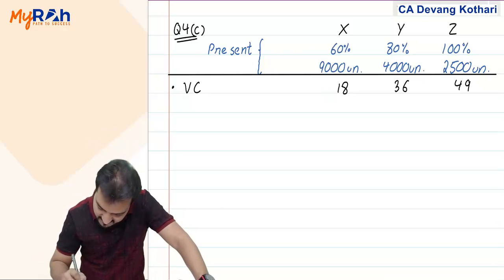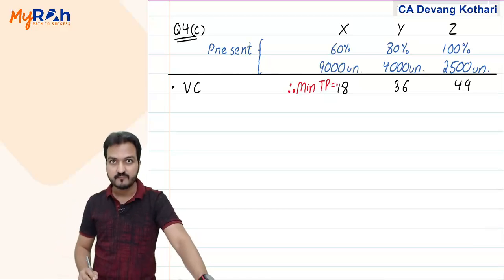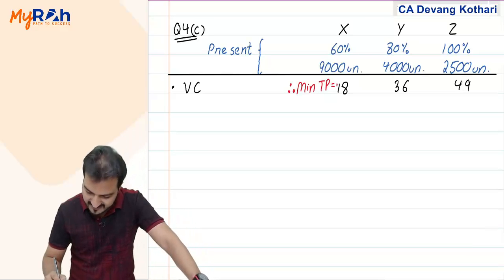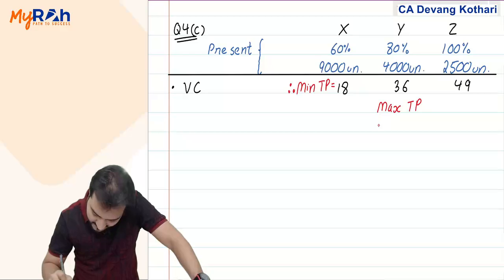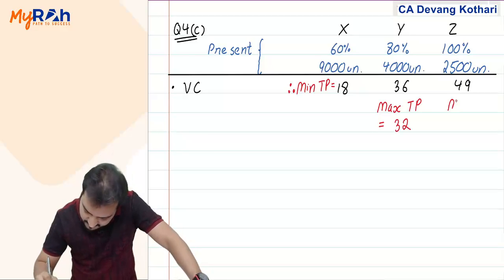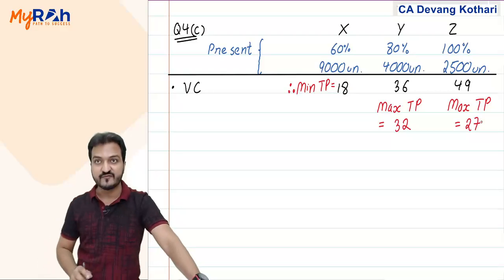So the minimum TP that X will want is 18, and the maximum TP that Y is ready to pay, we found out, is 32. The maximum TP that Z is ready to pay, we found out, is 27.